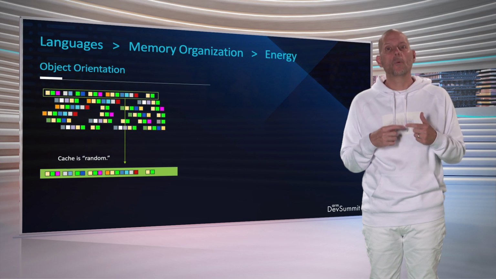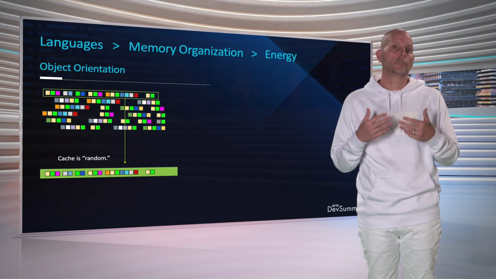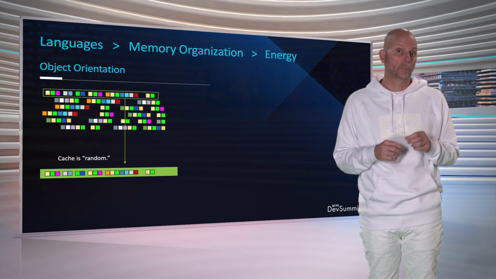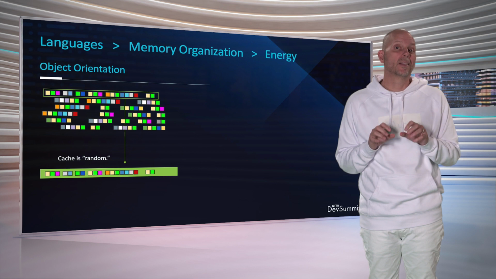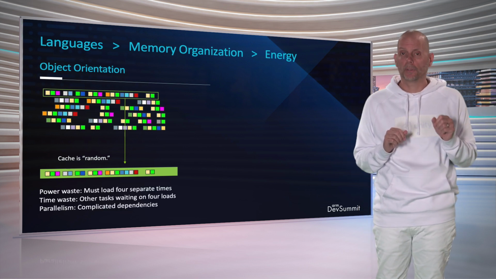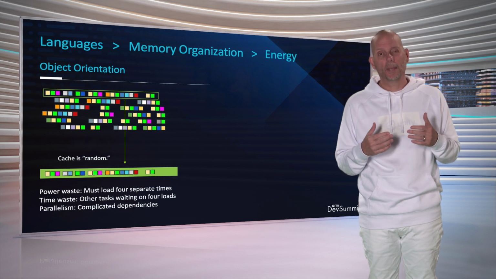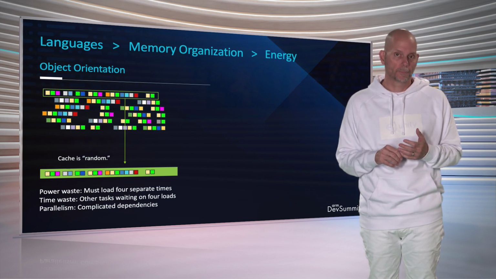As I iterate over the objects, in this case 4, it will likely need to load and save it 4 separate times because technically the objects are likely farther than what we call a cache line apart in memory. Now this is wasteful of power, time, and it makes multi-threaded programs much harder to implement in general.